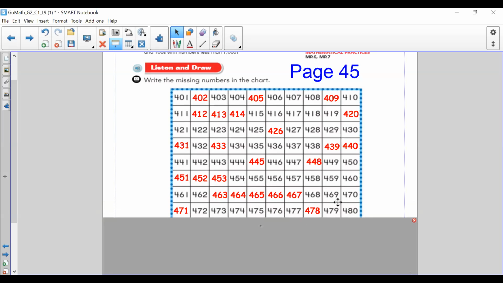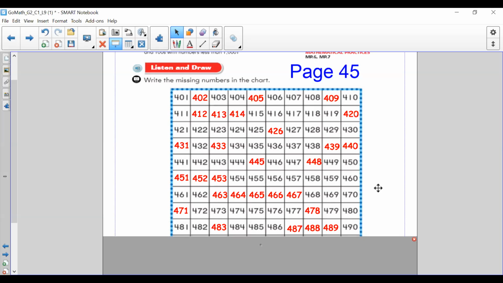So after 469, we go to 470, 471, 72, 73, 74, 75, 76, 77, 478, 479, 480, 481, 482, 483. So you should write 483 all the way to 487, 488, 489, 490.